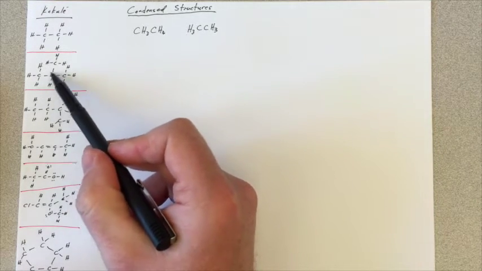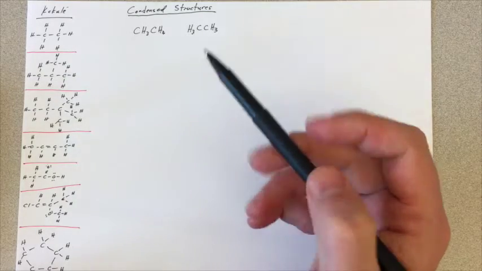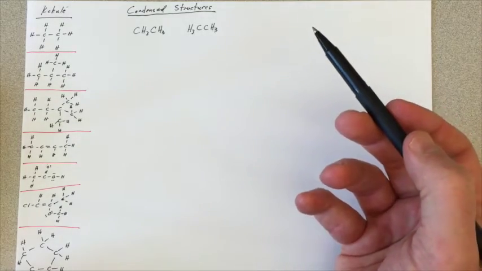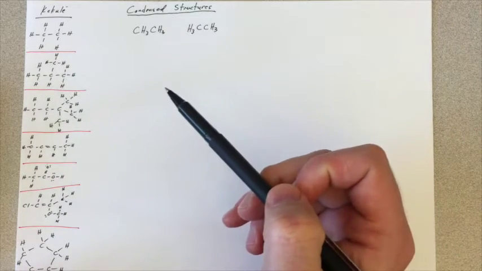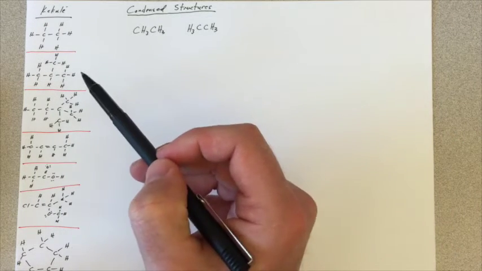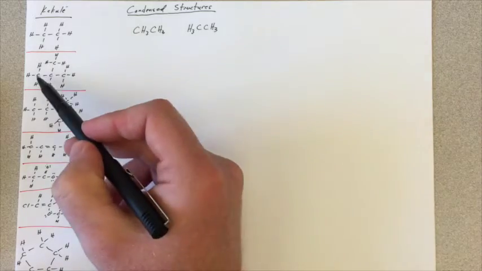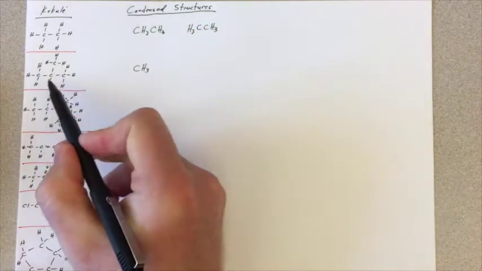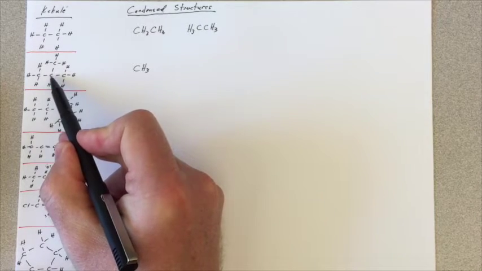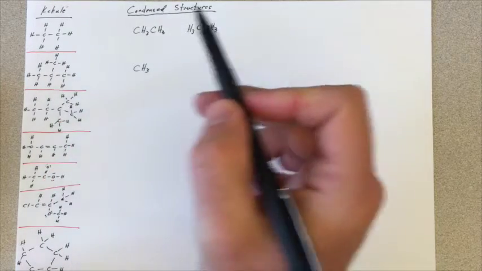This one's more complicated because it's a branched molecule. How do we show these branches in there? Well, again, we go carbon by carbon and try to define the units that are present in this molecule. So here we have a CH3 right at the end. Here, what do we have? Well, really, we've just got a CH.